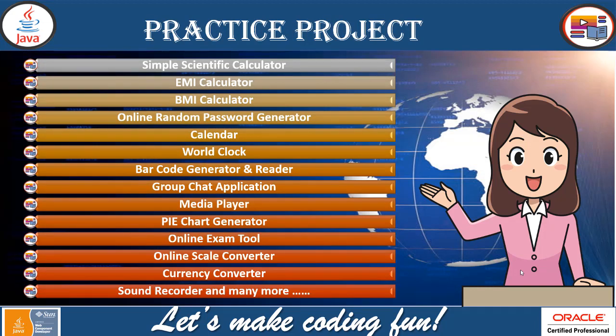For practice projects, there are some very interesting real-time applications we use in our daily life that can be implemented with the help of Java. All of them are made with basic core Java and include advanced core Java concepts like graphical user interface and web application based practice projects.